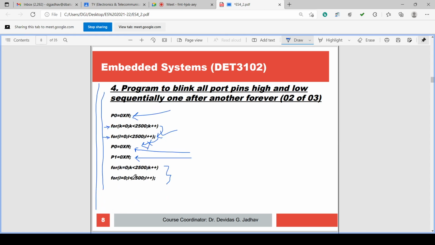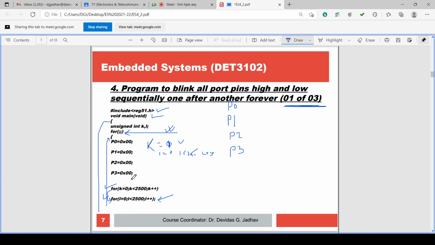Again it will go to the first statement, and this is forever, isn't it? This is forever because of for semicolon semicolon.